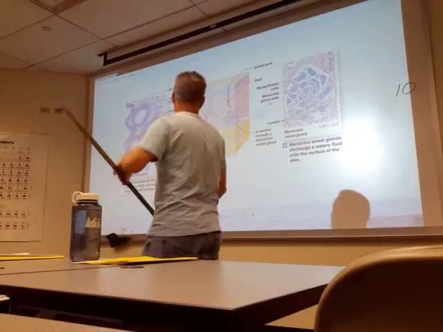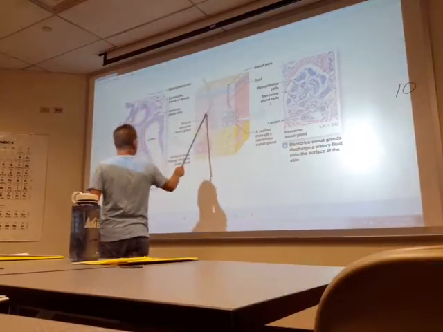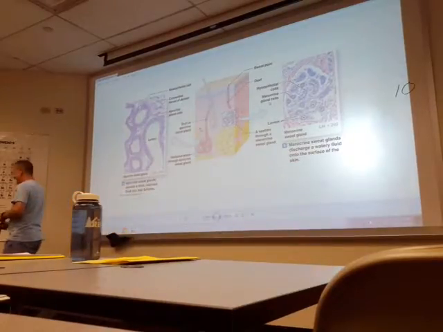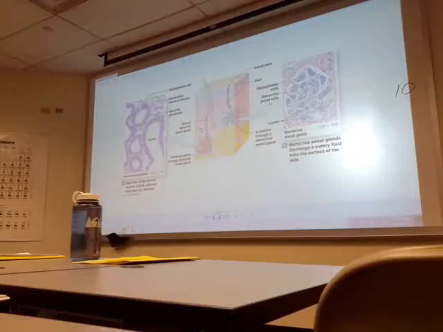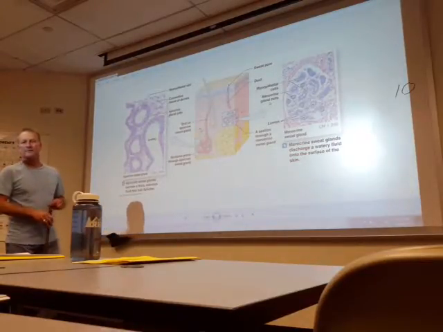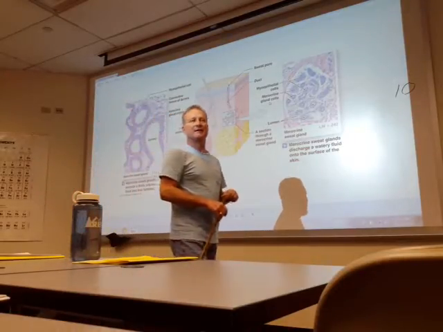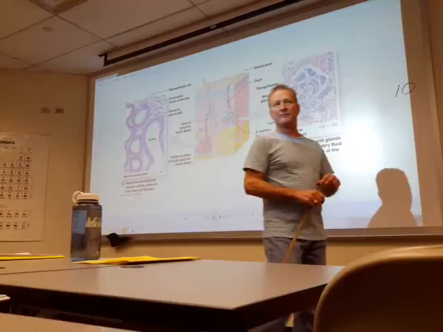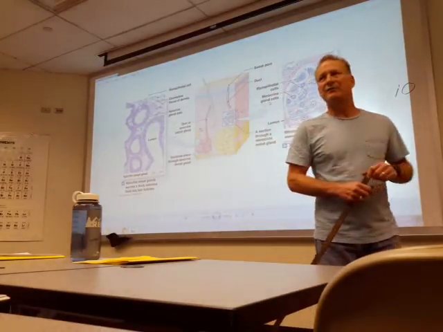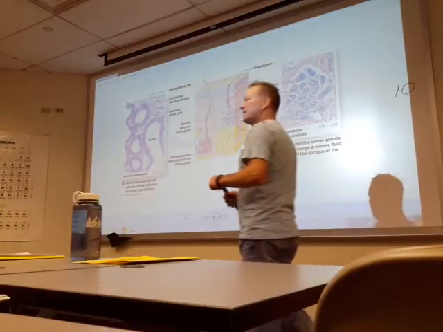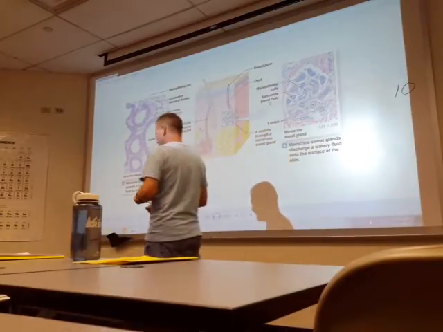The other type of sudoriferous gland, the one where the duct goes into the hair follicle, the apocrine sudoriferous gland, they make an oily sweat. The oily sweat goes with body odor. Doesn't have to be a bad odor. So oily sweat, body odor.